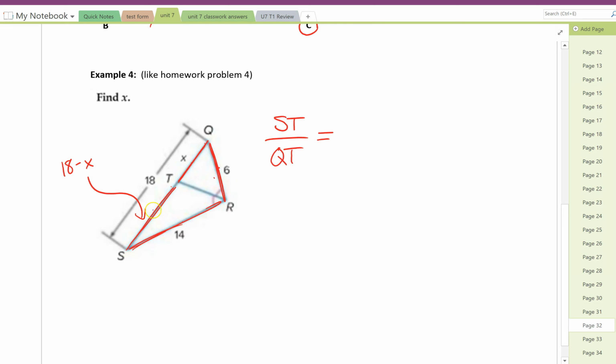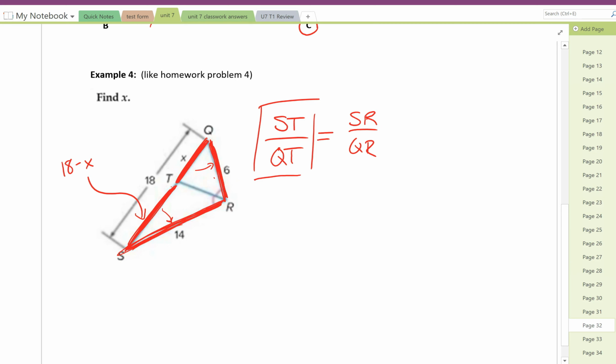All right? So ST is going to be in the same position as SR, and QR is going to be in the same position as QT. Okay, so the ratio between ST and QT right here has to be the same as the ratio between SR and QR.